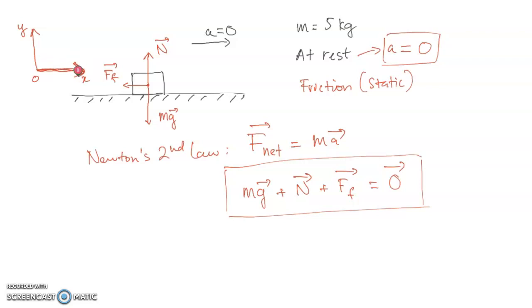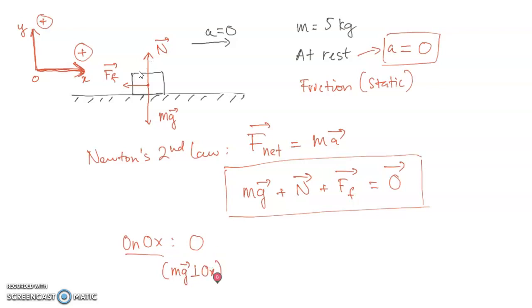But in this case, I put the positive side as the movement to the right, and OY is going up, so going up is positive. On OX, mg is going straight down, so it's perpendicular to OX. That would be equal to 0.